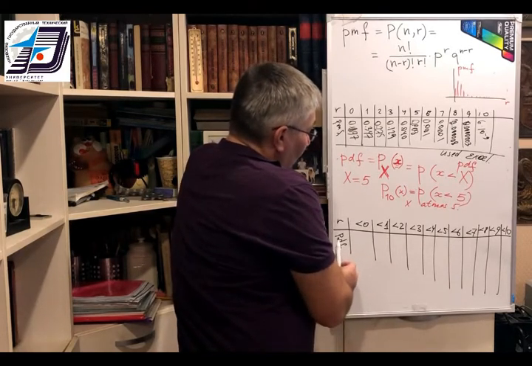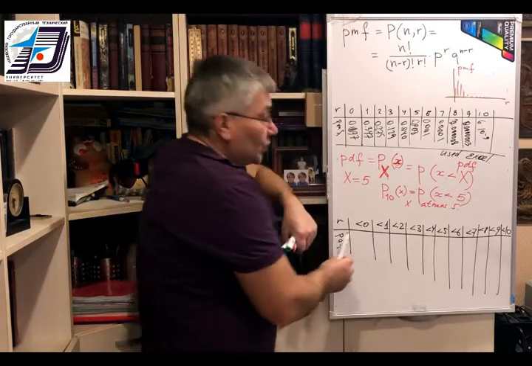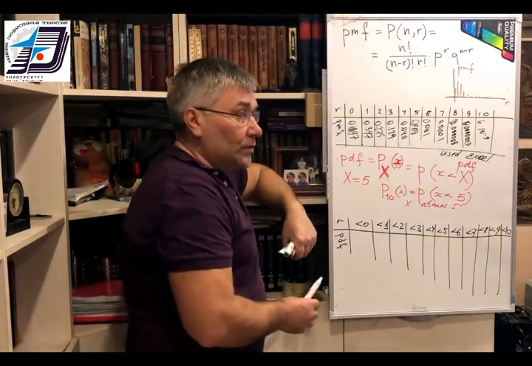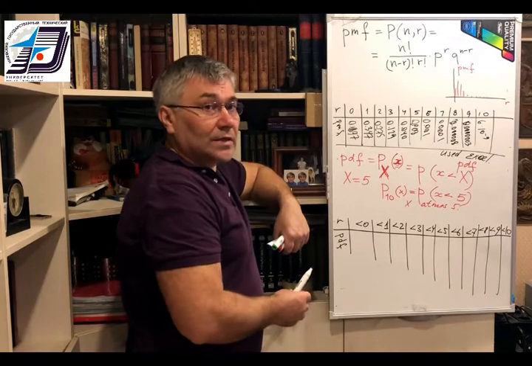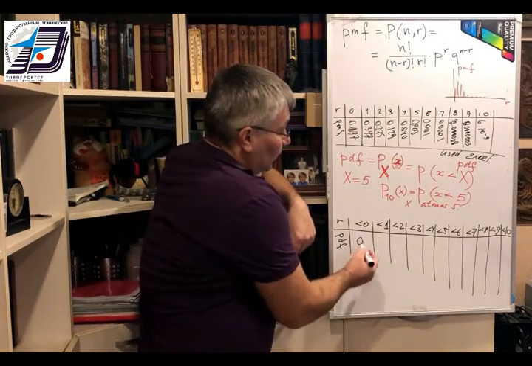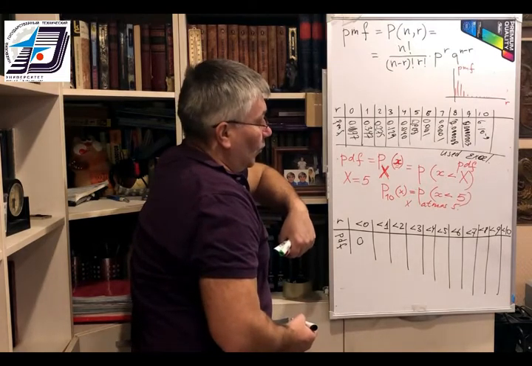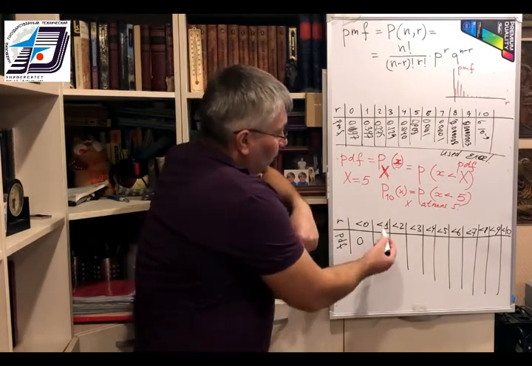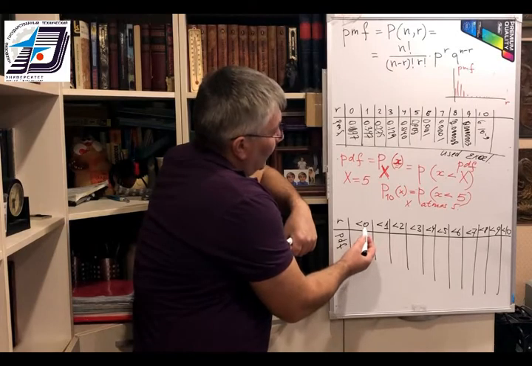What is the probability to get results less than 0? It means that we have a negative number of successes. It's 0 because it's impossible to get a negative number of any result.